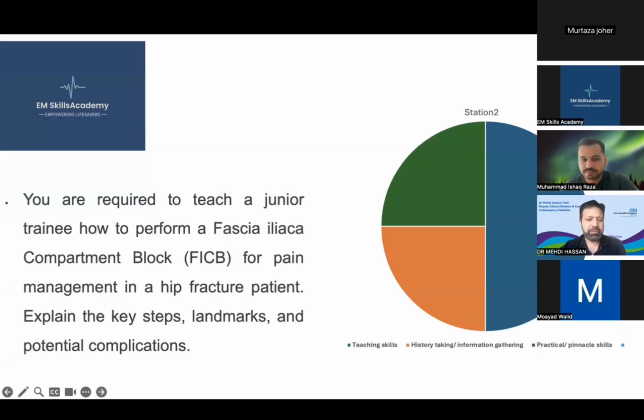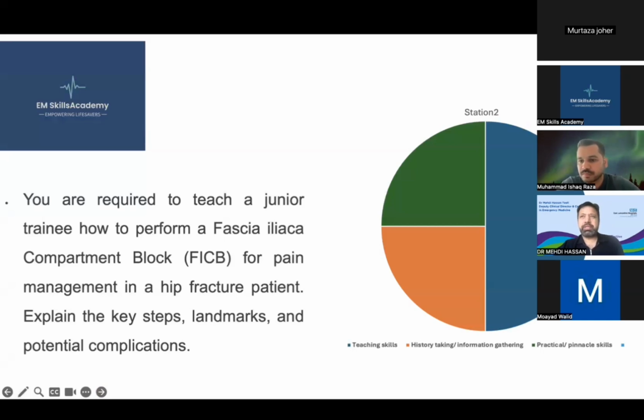So I'm very much interested in doing a fascia iliaca block. I have never done it before. Sure, perfect. We'll go through it together, and during the procedure, I will be able to explain the practical bits of it. But before we start, just a quick recap of who your patient is and what happened to him.